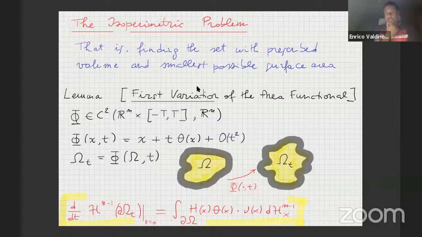So for this, I introduce a bunch of technology. First of all, I compute the first variation of the area function. If I have to discuss what the smallest possible surface area means, I will have to consider a set and competitors for this set, a smooth family of competitors depending on a parameter, and then I want to take the derivative with respect to this parameter.